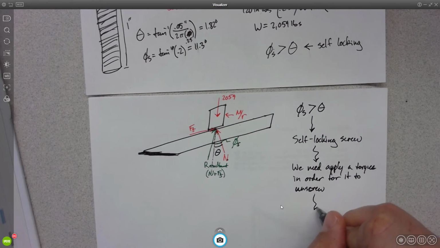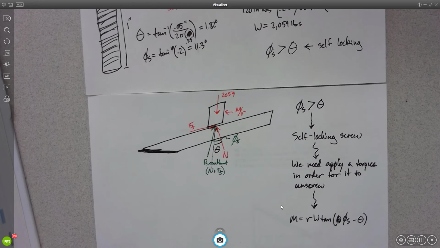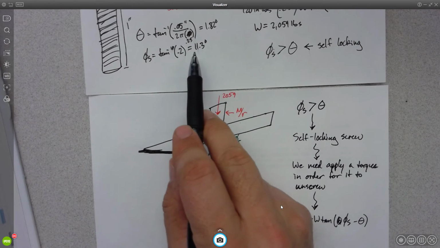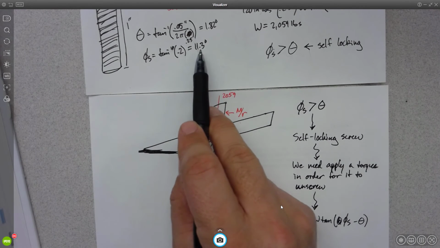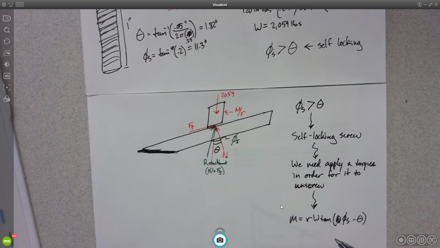Okay? So now, if we know this is true, the equation we use when phi static is greater than the angle of the ramp is the moment equals R times the weight, tan(phi static minus theta). We found that theta is 1.82, phi static is 11.3, and we know our W is 2059. So let's do some substitution.